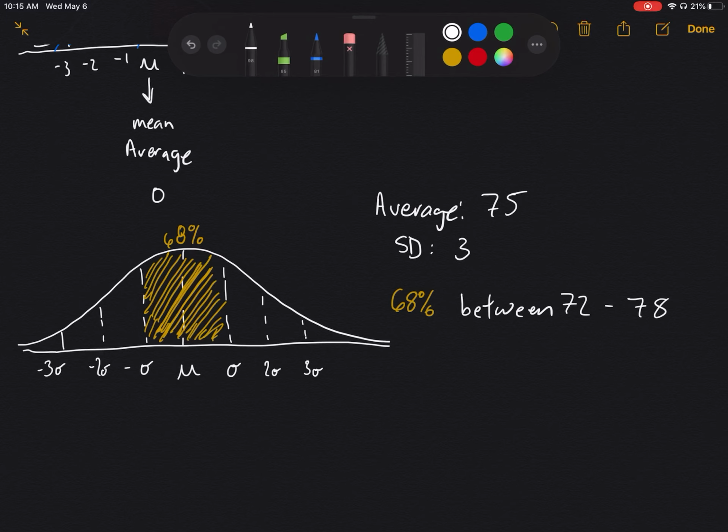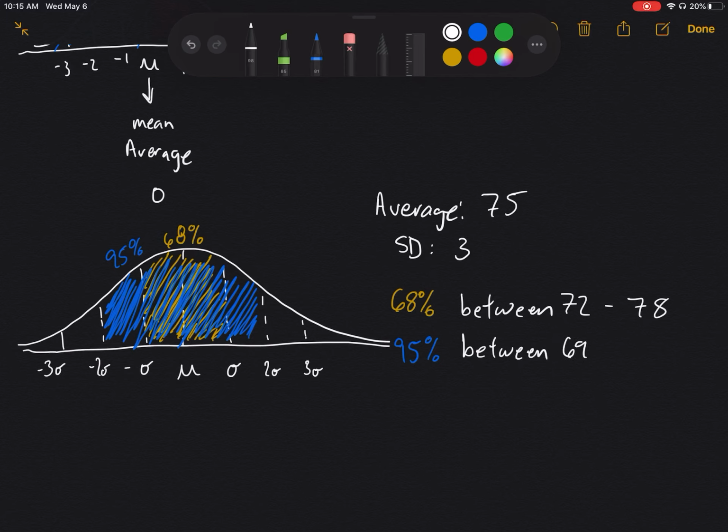The next two, so now we looked at one standard deviation. Now if we look at two standard deviations, okay, so within two standard deviations, in this case, 95% of the data falls within two standard deviations, right? So now you have a 95% chance that your test score was between a 69 and an 81, right?